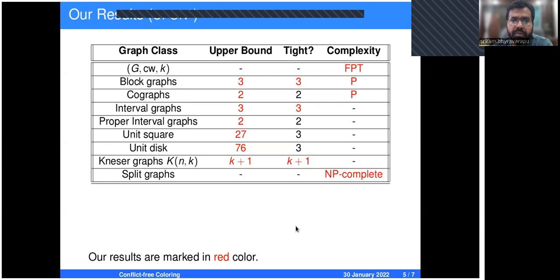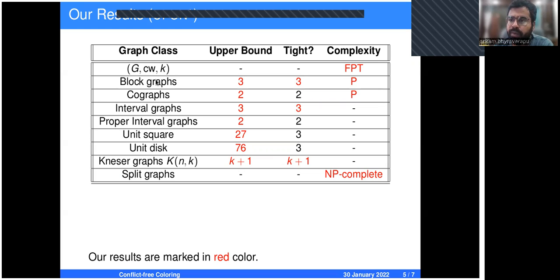Coming to the results of this paper, we first show that the problem is FPT with the combined parameters clique width and the solution size, where the solution size is the number of colors k. We then study the problem on graphs of bounded clique width, which includes block graphs and co-graphs.